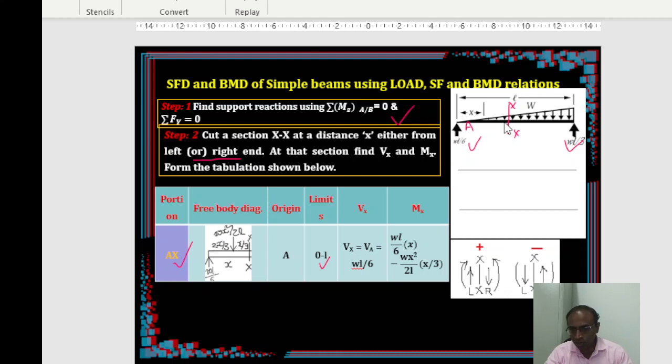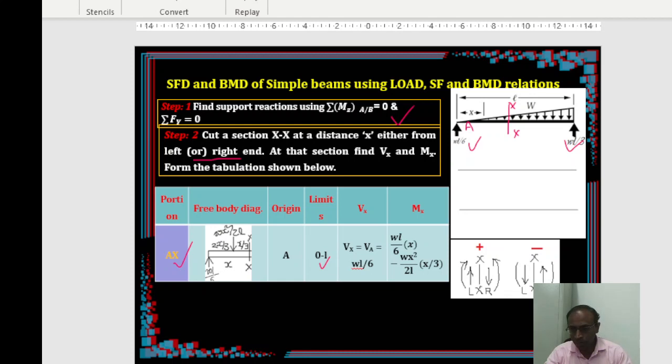As I told you earlier, the free body diagram you should always express with a single point load, or you can say the equivalent load of the given loading. If a point load is given, fine, but if it is UDL or UVL, you should convert it into a point load and put it here. So I am converting this uniformly varying load into a point load that looks like this.